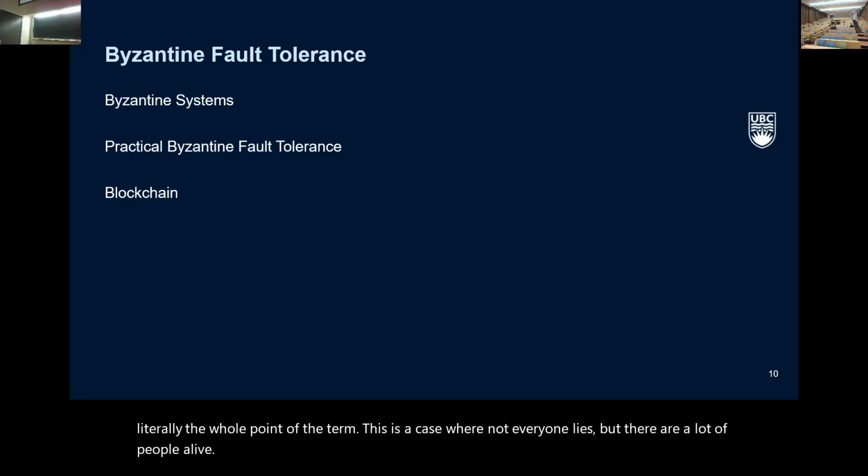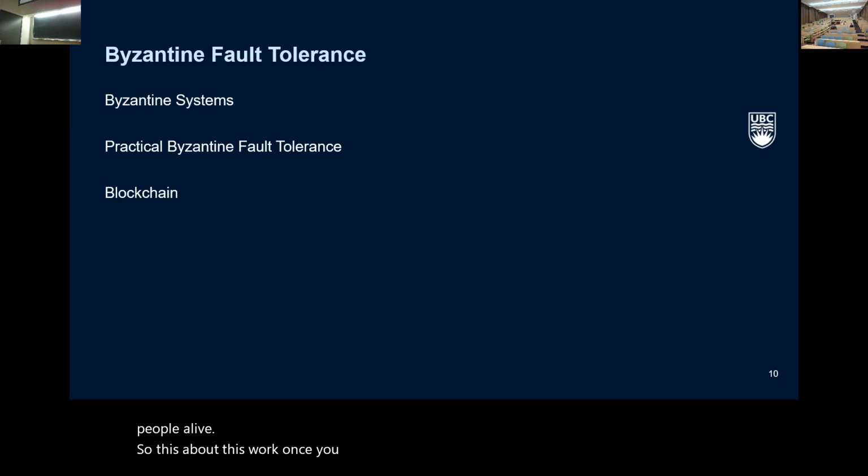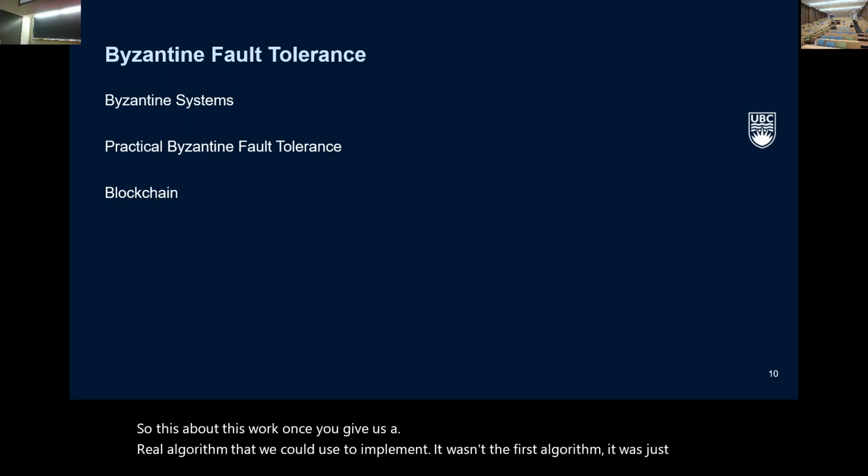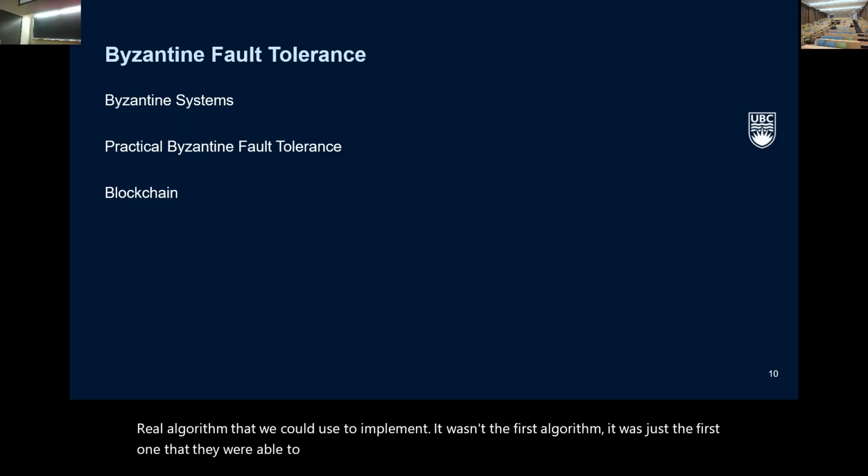So Liskov's work was to give us a real algorithm that we could use to implement Byzantine fault tolerance. It wasn't the first algorithm, it was just the first one that they were able to show was actually practical and did achieve its goals, which was to be able to handle up to some number of Byzantine actors.